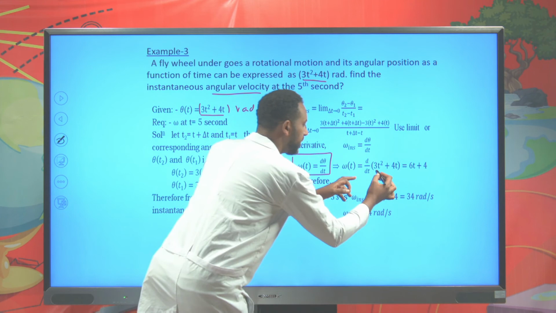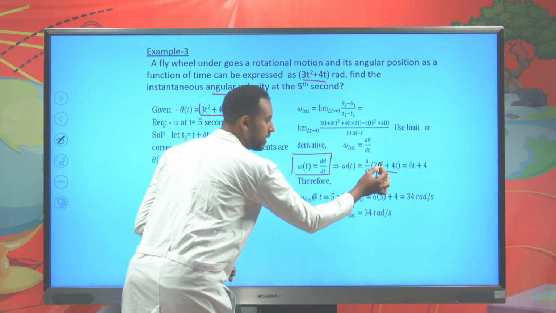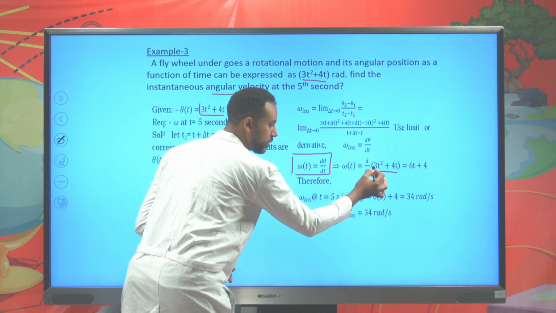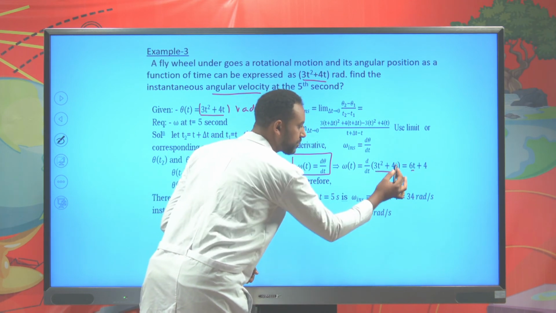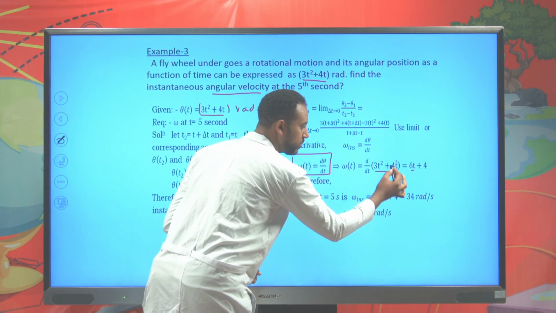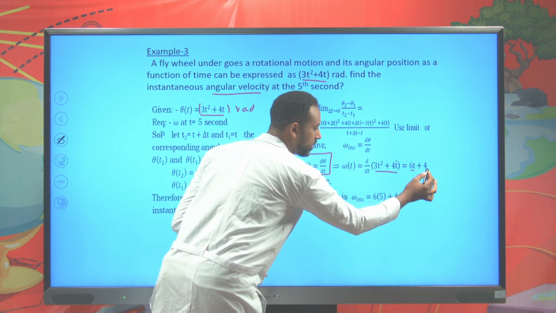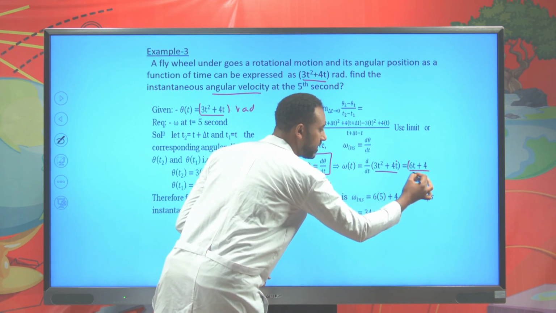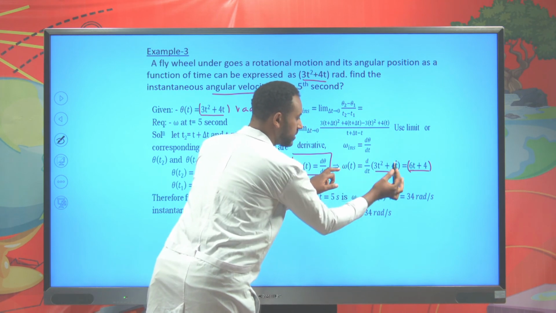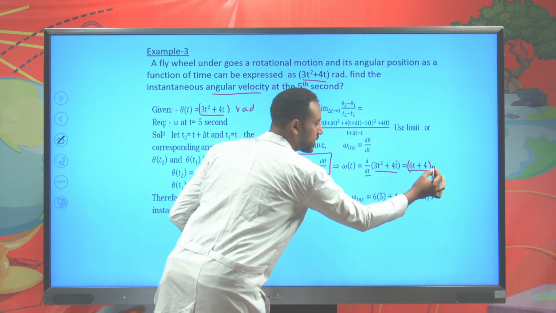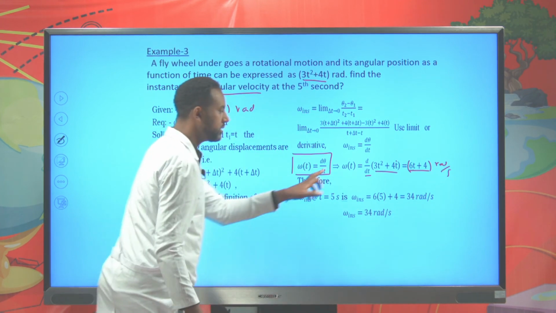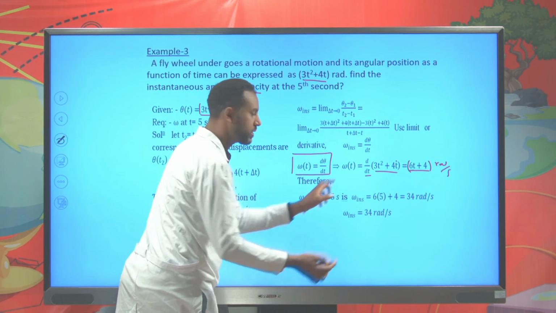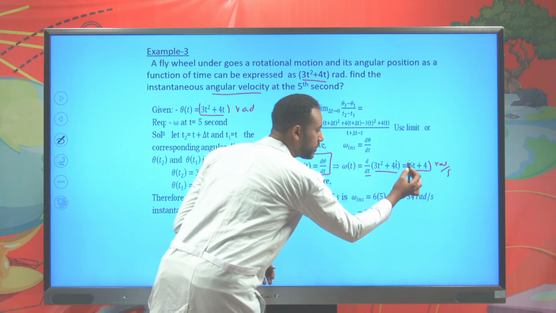Therefore, the derivative gives you 2 times 3, which is 6t, plus t has the power 1, so we have 4. So 6t plus 4, in rad over time, gives you rad per second. This is the angular velocity time expression, meaning the angular velocity varies with time.